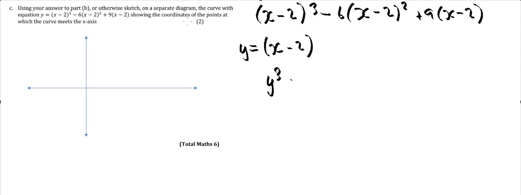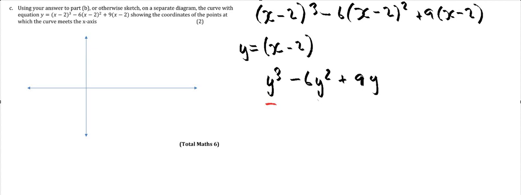Okay, now this time, if we substitute y equals x minus 2, then our equation becomes y cubed minus 6y squared plus 9y. Now this looks a lot easier.